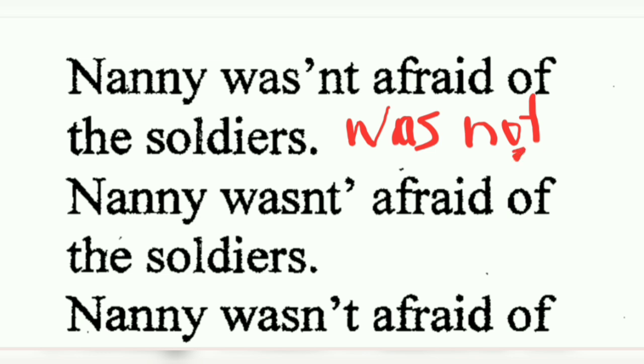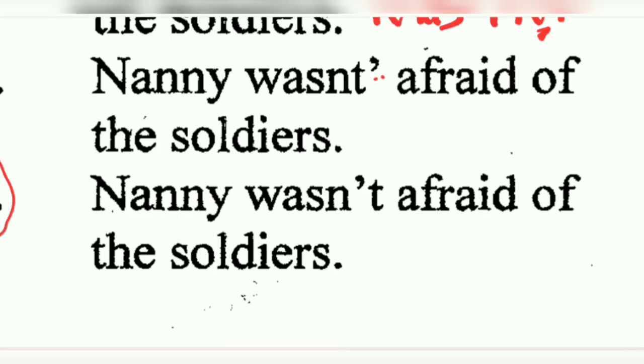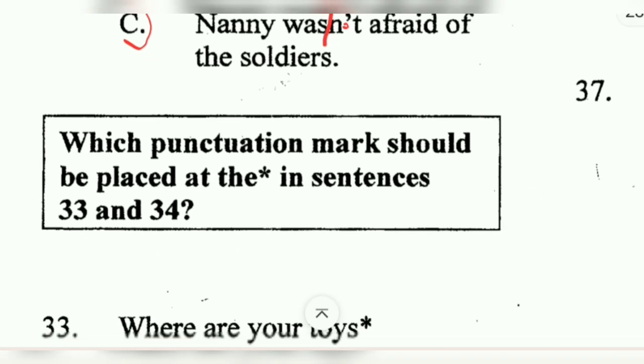You're not saying was not, you're just saying wasn't. B says Nanny wasn't, but look at where they put the apostrophe on the outside of the T. Afraid of the soldiers. The answer is C. Nanny wasn't afraid of the soldiers, because right here you'd have your O, because the O is missing. Wasn't, and if you break it, it would be was not afraid of the soldiers. Moving on.